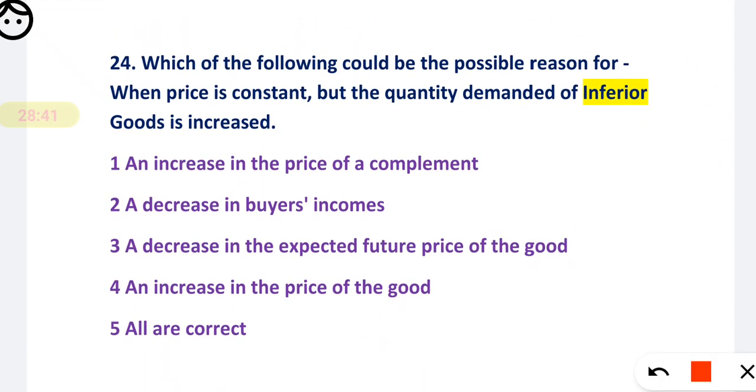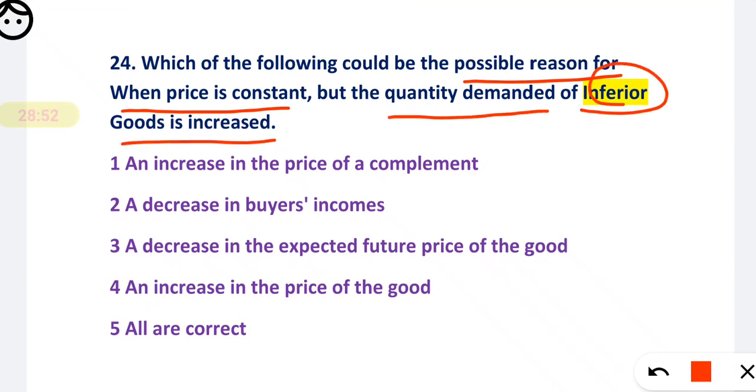Which of the following could be the possible reason for when price is constant but quantity demanded of inferior goods is increased? So friends, this is a very interesting question. See what they are asking: what will be the possible reason when your price is constant, but the demand for inferior goods increases?